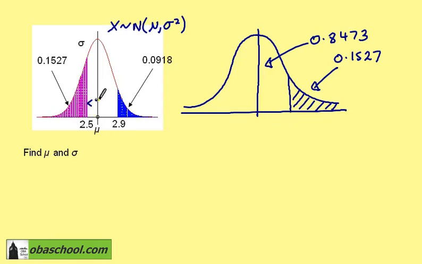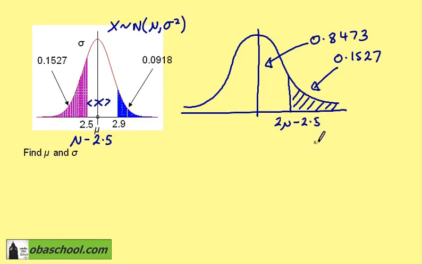The distance here would be mu take away 2.5. The symmetric point will be the same distance to the right of mu, so must be at the point 2 mu take away 2.5.